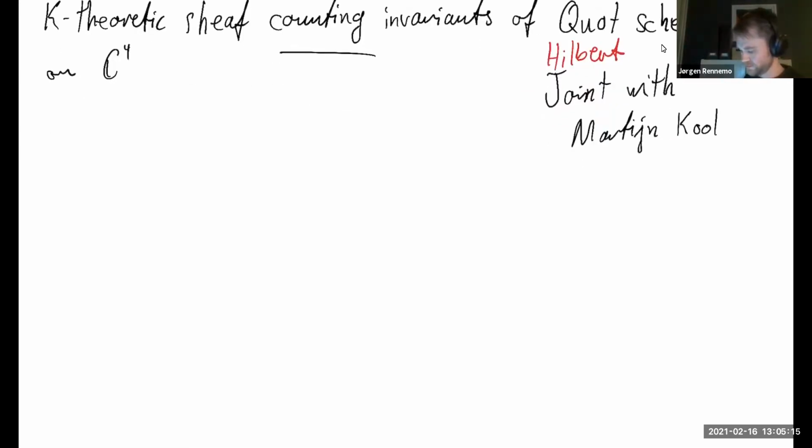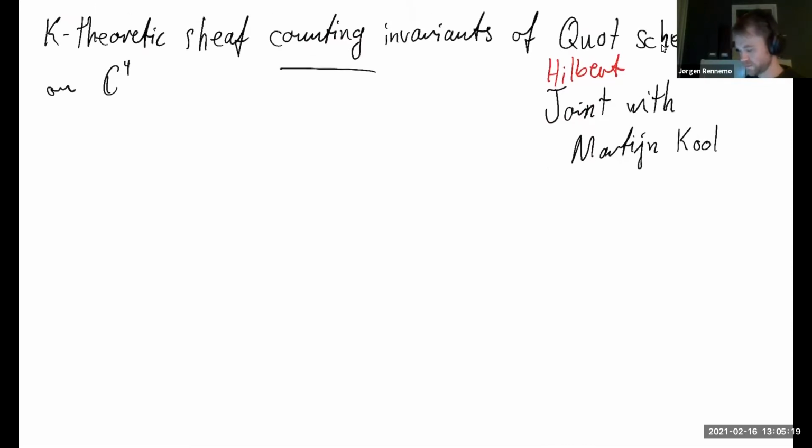So to explain this thing, I decided it's useful to start by setting 4 equal to 3 and really do the same story for Hilbert schemes of n points on C3.